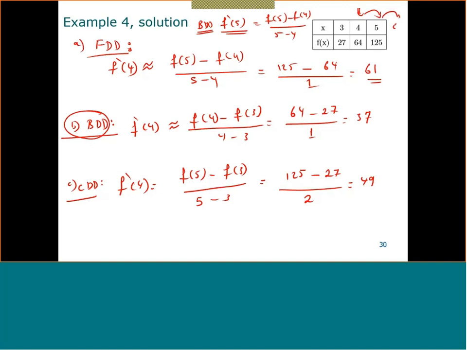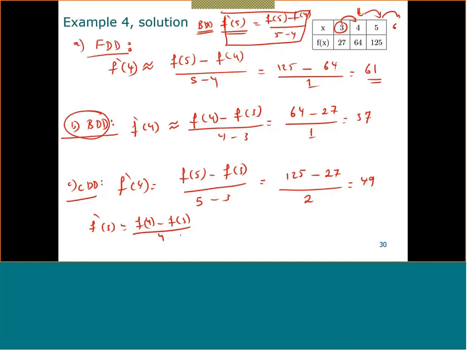In the same way, if I want to find f prime of 3, I can do that using only the FDD because I have this value and the value in front of it. So this becomes f of 4 minus f of 3 over 4 minus 3. So this is only FDD.